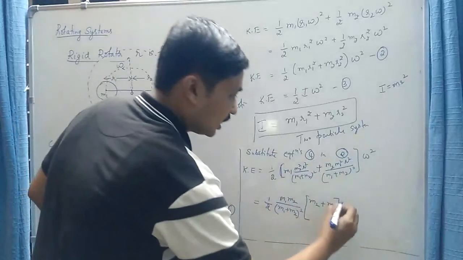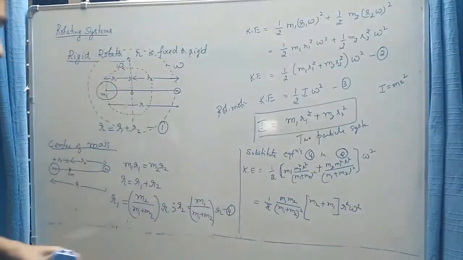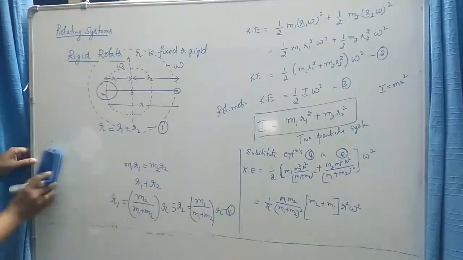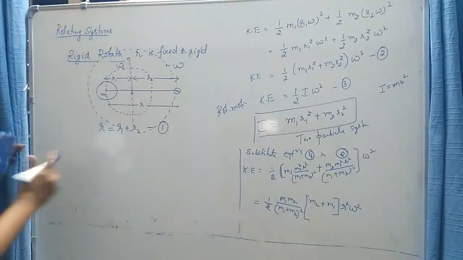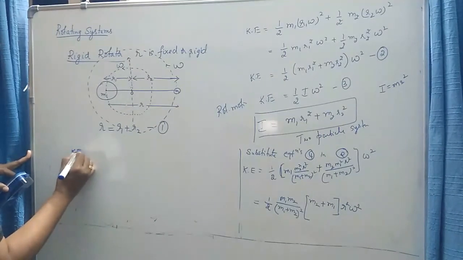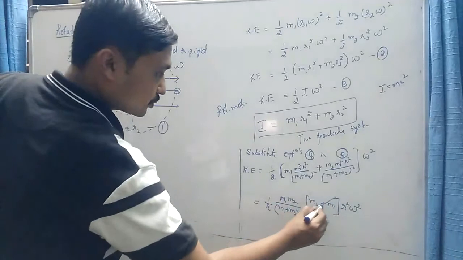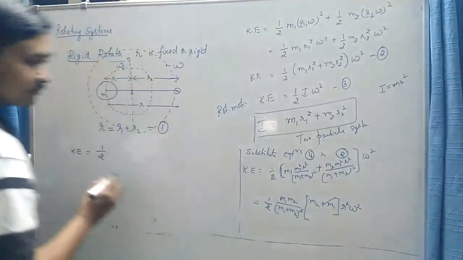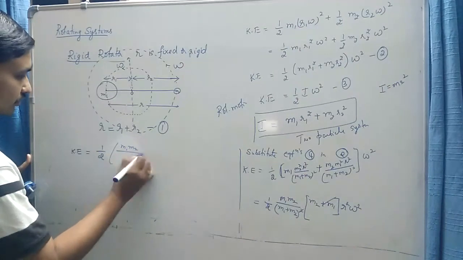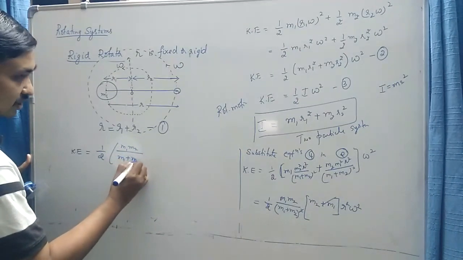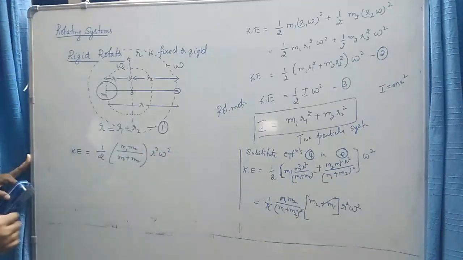If I take r as a common factor, we have r square into omega square. So this can be written as the kinetic energy of the system is half. This m1 plus m2 cancels with one term, so we get half m1 into m2 divided by m1 plus m2, into r square into omega square.